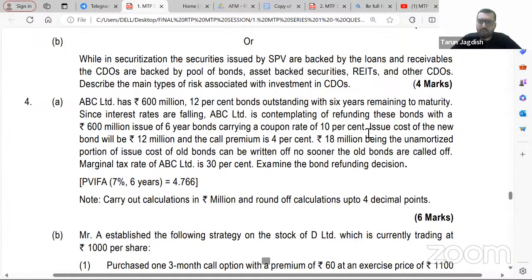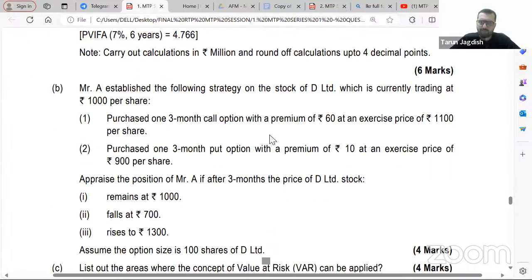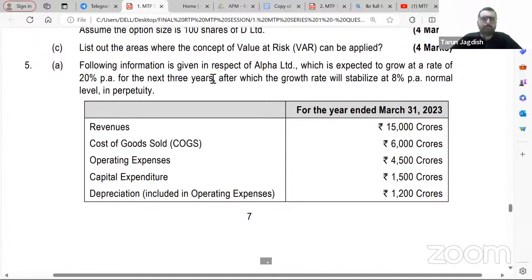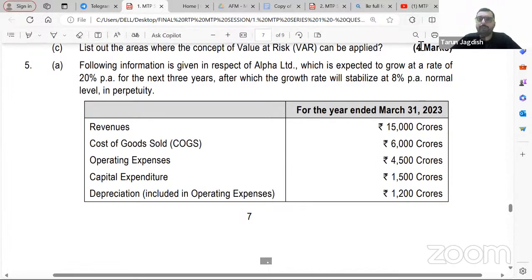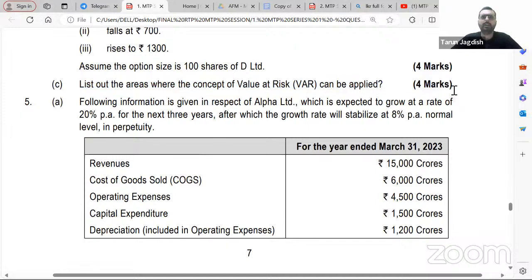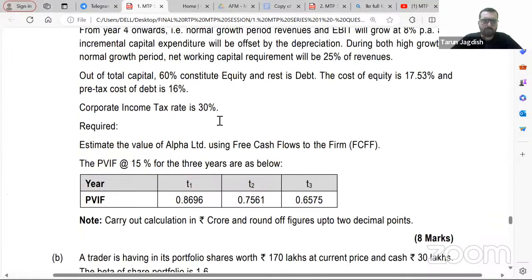Even if it's not given, it will be 10% after tax. That's also 7% only. It will come like that always. Okay, right. Fine, friends. VAR is the maximum loss you make in one day. And you have confidence level like 99% confidence level, 95% confidence level, etc. Okay. Now, shall we go to question number 5?